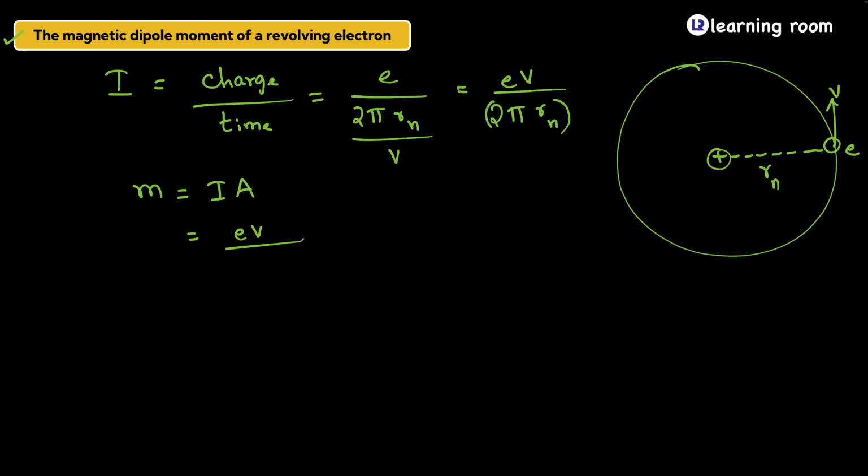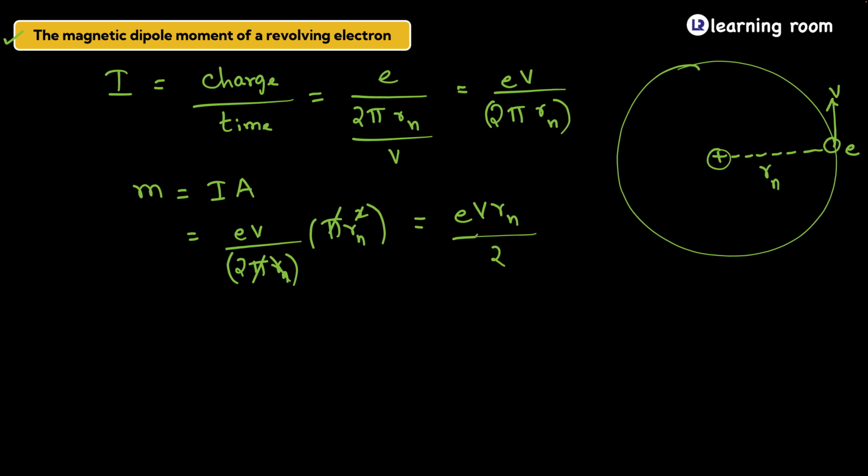E into V divided by 2 pi Rn into what is going to be the area? Pi Rn square. Pi R square. Rn will cancel this Rn square once. So what is that you have? Pi and pi will get cancelled. You have E into V into Rn, the whole divided by 2.